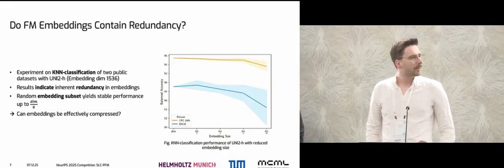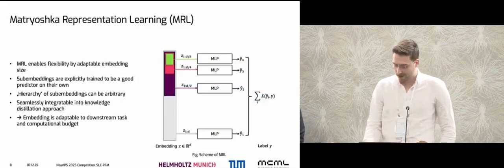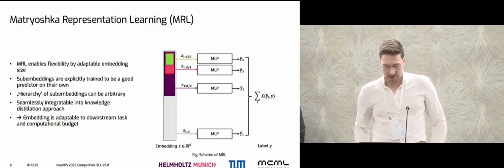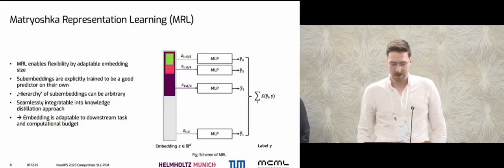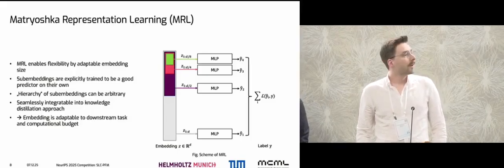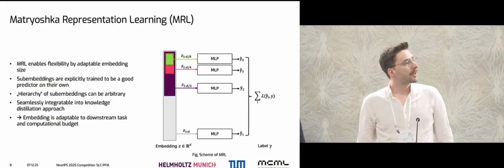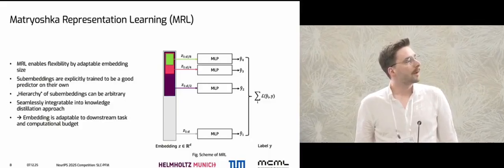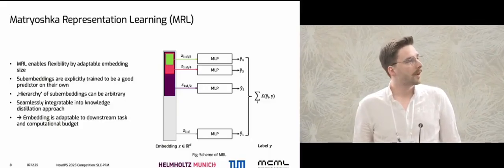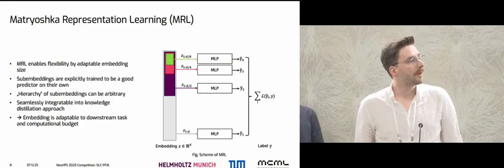So we were thinking, can we compress these embeddings effectively? And for this, there's actually a nice approach called Matryoshka representation learning. It's an approach that basically uses these multi-layer perceptrons to compress down the embeddings.